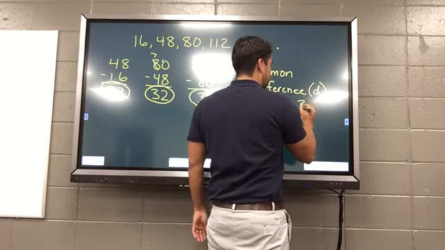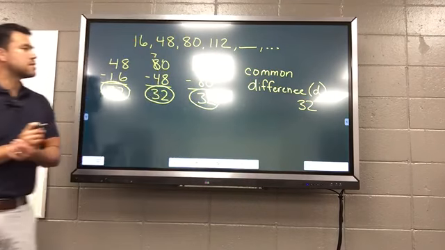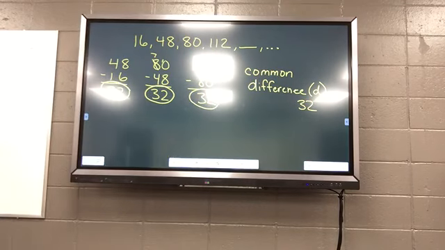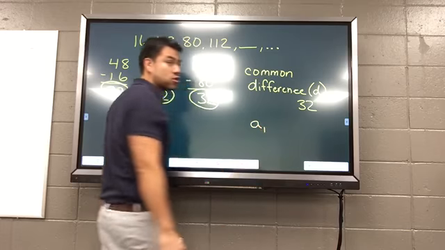It's 32. The common difference is 32. So that's something to know. And you're like, why? Well, you're going to see why it will help us not only on these problems, but more for the next kind of problems we're going to get soon. And just a review question. What's the first term?